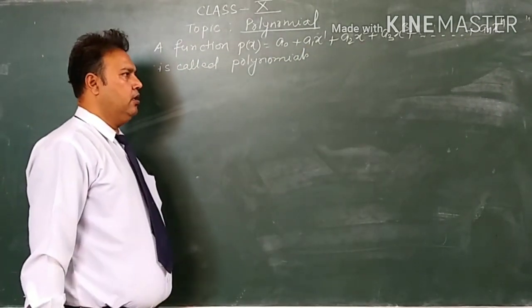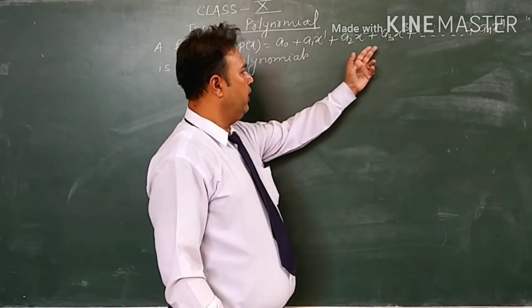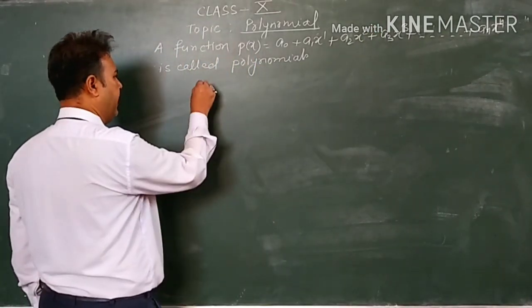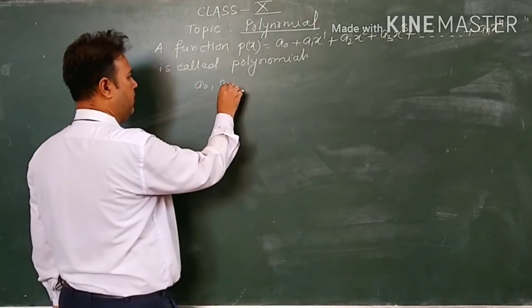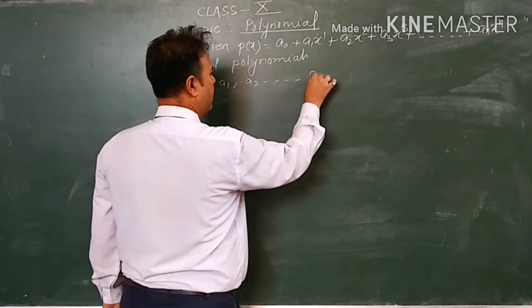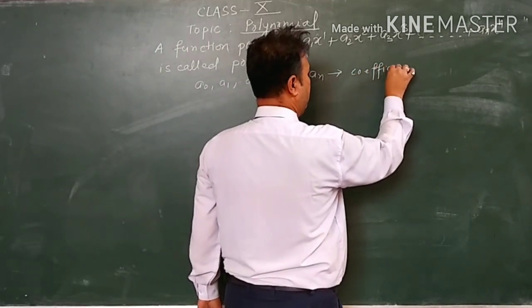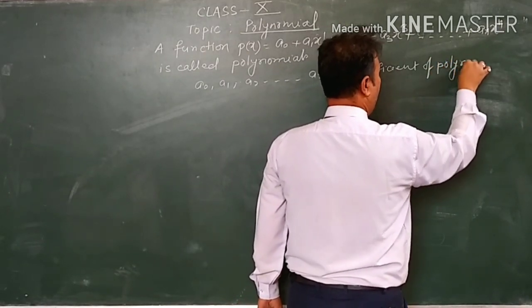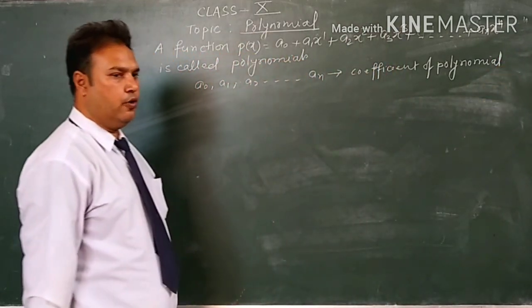In this polynomial, you are watching a0, a1, a2, a3, and up to an. What are these? These are known as the coefficients of the polynomial.